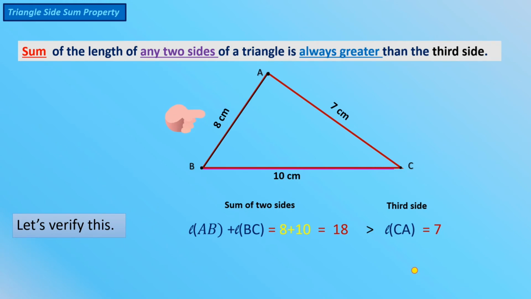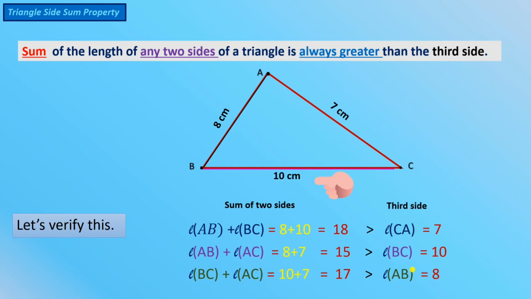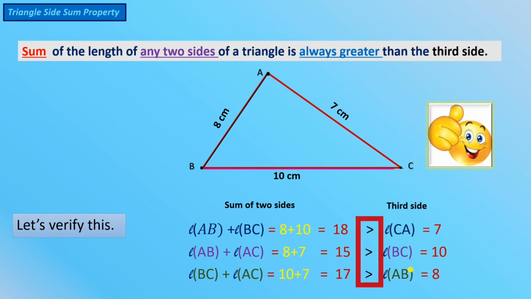Length of AB plus length of AC equals 15, which is greater than length of BC, which is 10. Length of BC plus length of AC equals 17, which is greater than length of AB, that is 8. Yes, here we have observed the sum of any two sides of a triangle is greater than the third side.